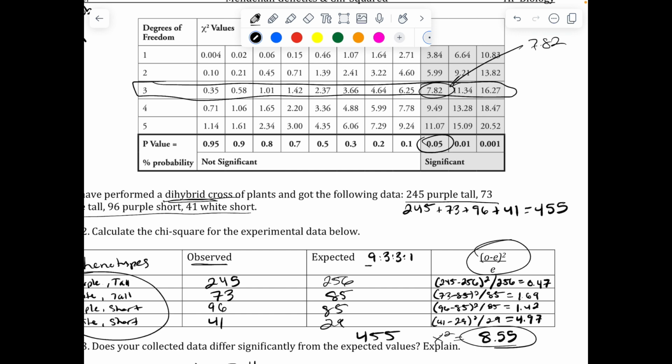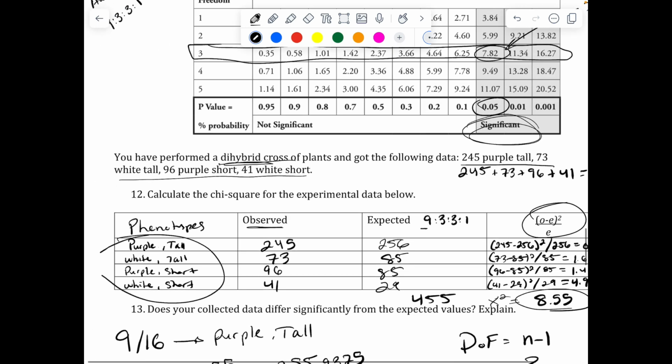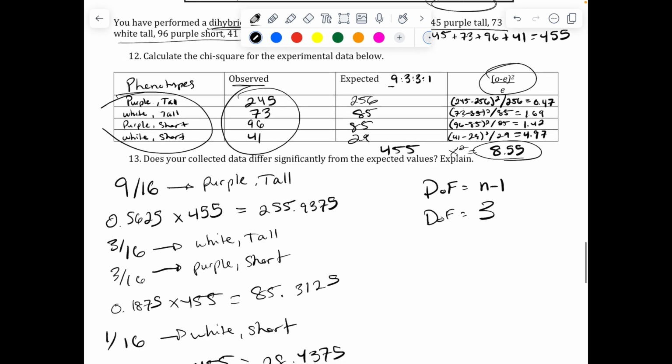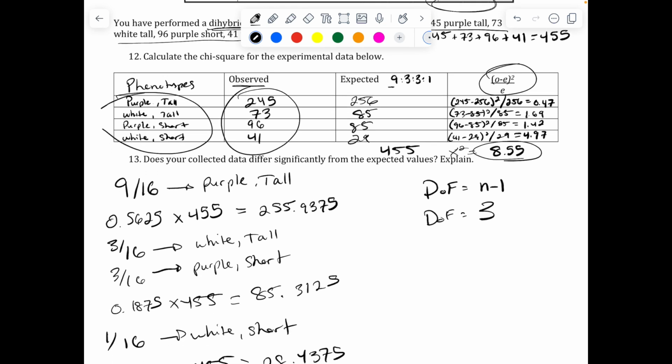If our value is greater than 7.82, then we have a significant value here, meaning that this population and this ratio of each of these phenotypes that we observed is not following the expected 9-3-3-1 pattern. So most likely this is a non-Mendelian case.